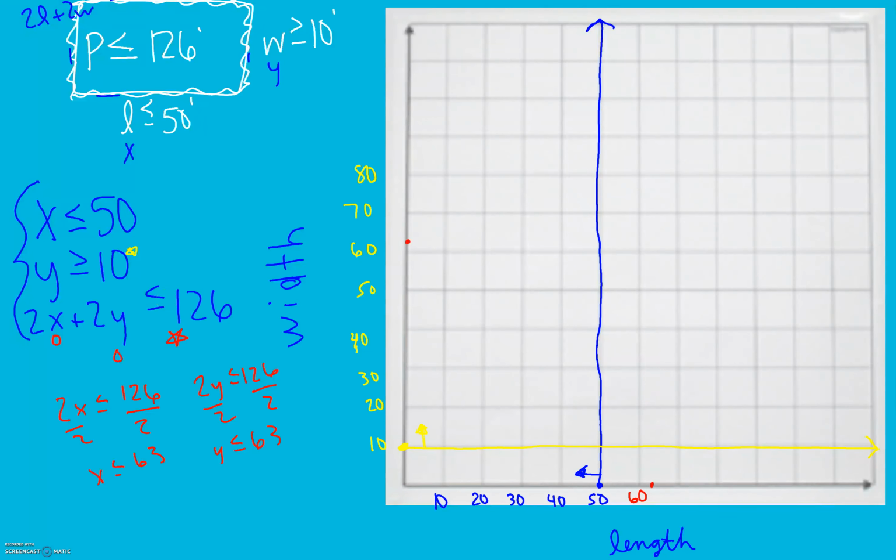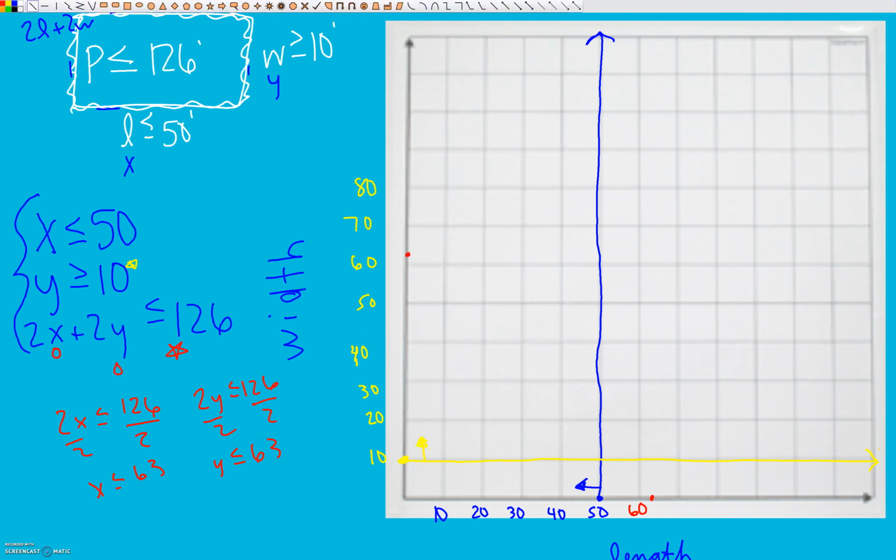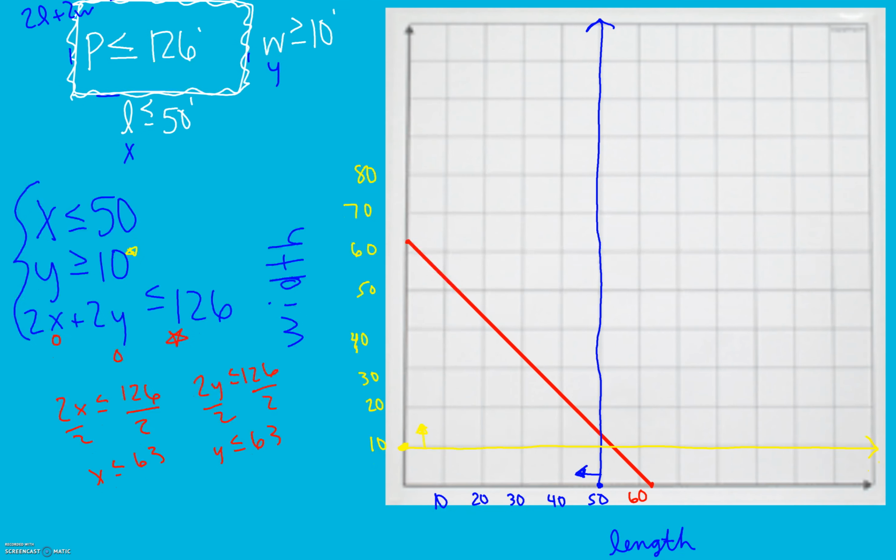Now it could be equal to 126 here, so I can go ahead and draw in my line to connect my two intercepts. And I know those are kind of a guess. I don't have exactly 63 on here, but I feel pretty confident in that. It's close enough. And I want it to be less than that. So for this line, I'm going to go this direction.